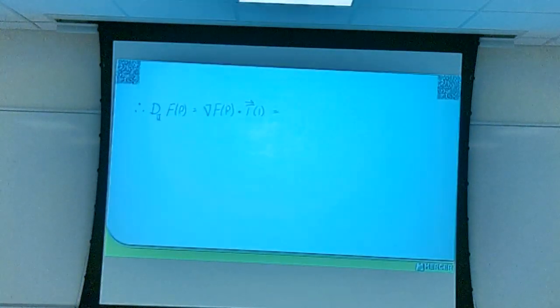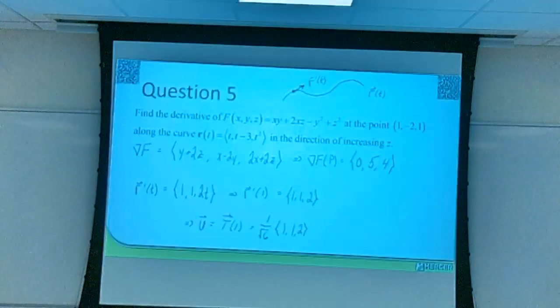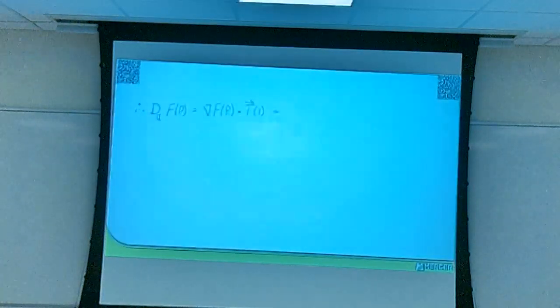There was nothing to expect out of the gradient, right? So you may see it written this way, and I'm going to write it this way.